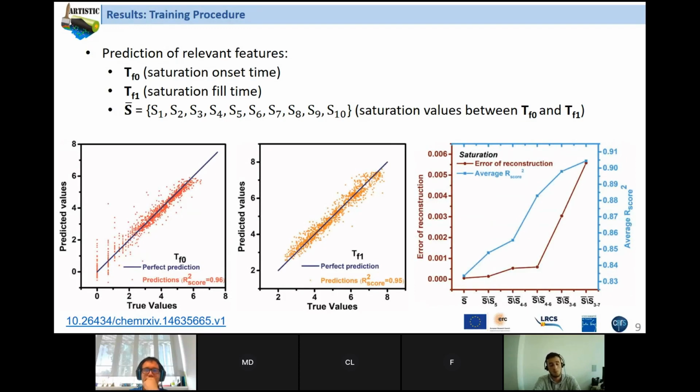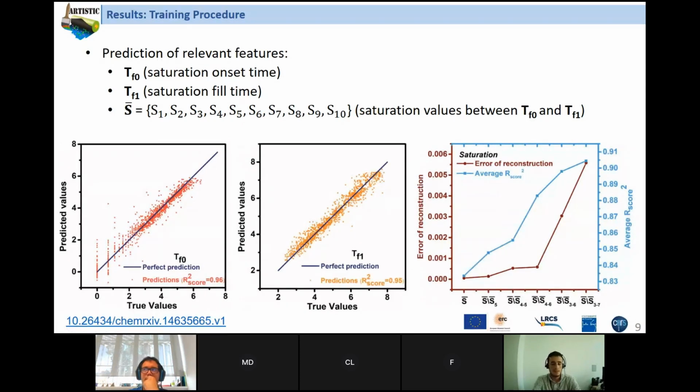And by subsequently reducing these values from the training dataset, what we ended up seeing is that we were able to reach an average R-square score of around 90%, which of course was by deleting from the full saturation set the S3, S4, S5, S6, and S7 values.